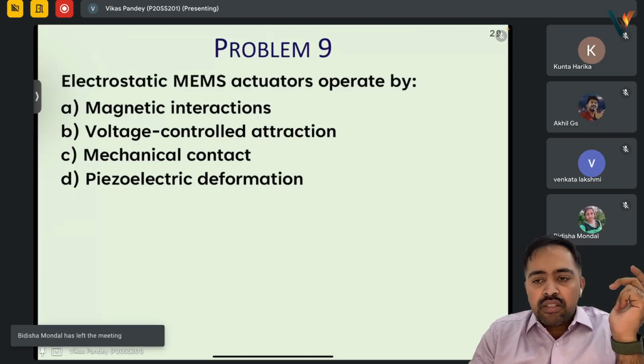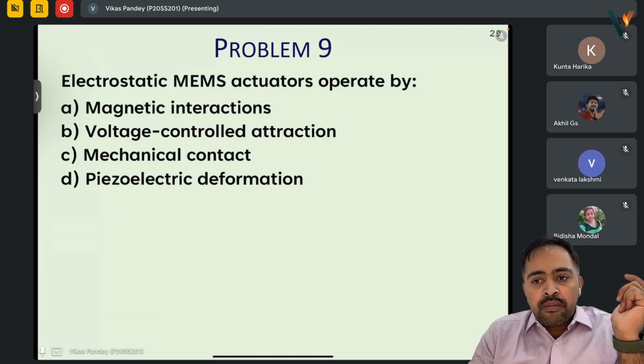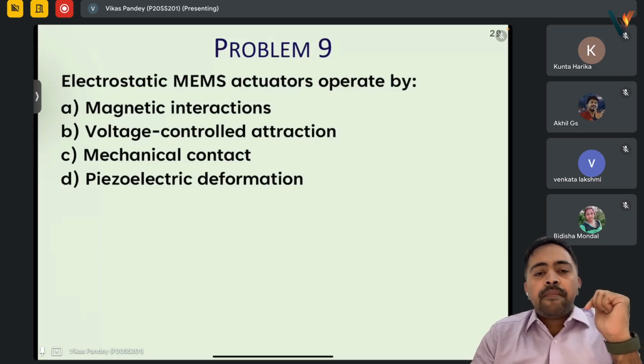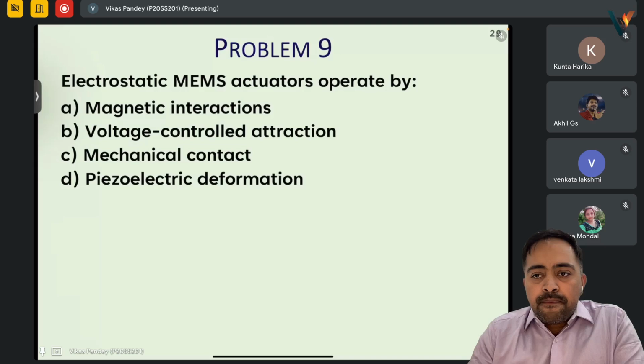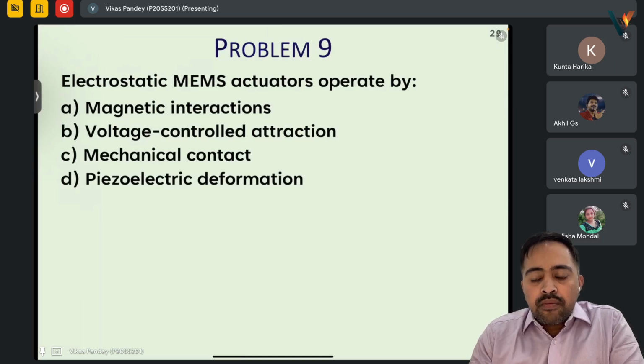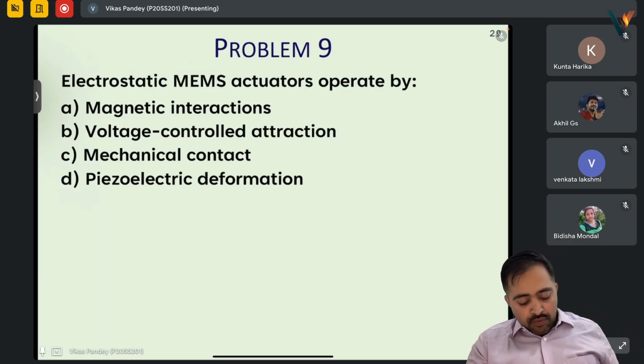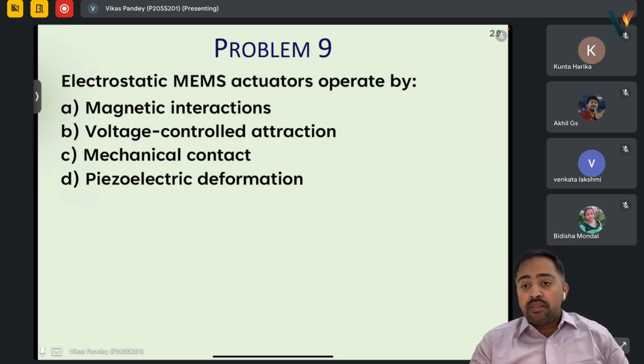I think we have discussed this multiple times. So how do these actuators work?